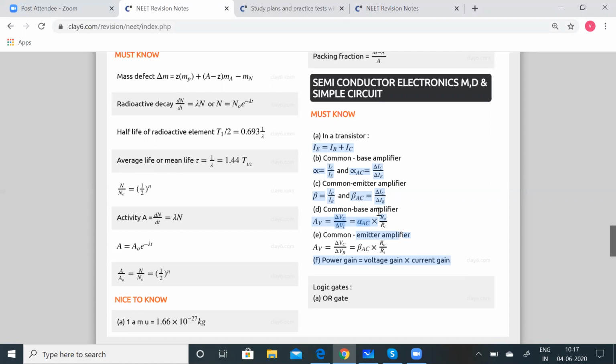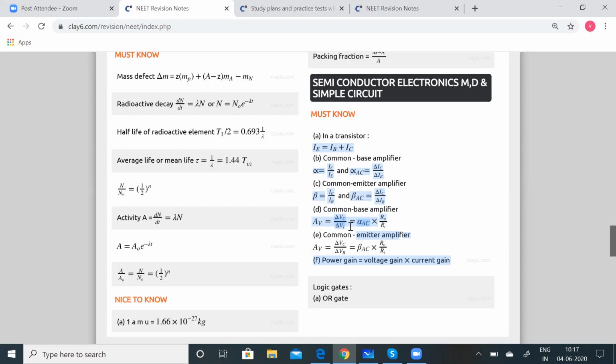And for a common base amplifier, the voltage gain AV is defined as the small change in the output voltage to the small change in the input voltage, that is, delta VC by delta VI. So that is the voltage gain.